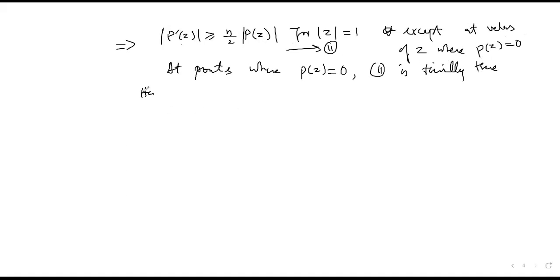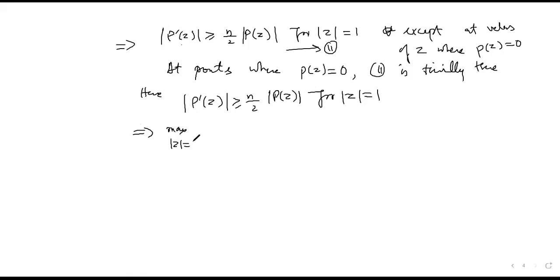Hence I have |p'(z)| is greater than or equal to n/2 times |p(z)| for |z| = 1, which implies that maximum over |z| = 1 of |p'(z)| is greater than or equal to n/2 times maximum over |z| = 1 of |p(z)|. So that proves our Turan's theorem. Okay.